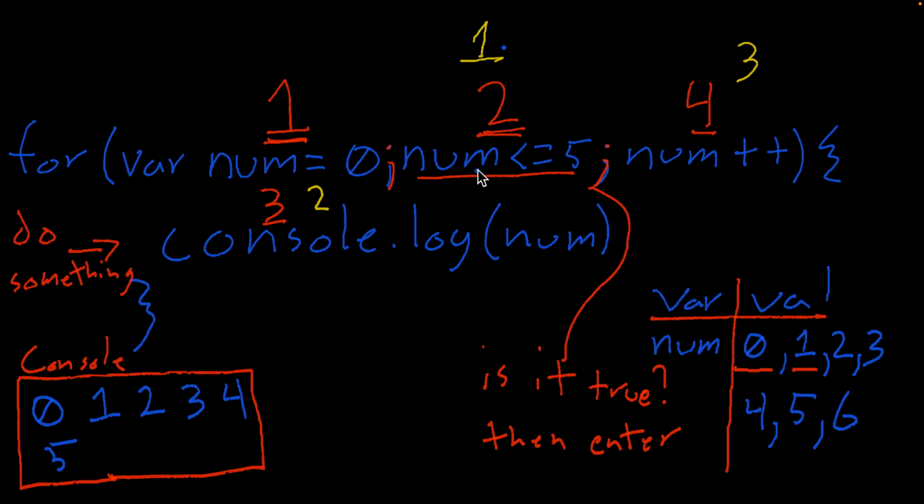And it says, is num less than or equal to 5? No, it's no longer less than or equal to 5. So then we're done. Once this is no longer true, then we do not enter. If it's not true, then we don't enter. And that's the steps that we need to read a for loop.